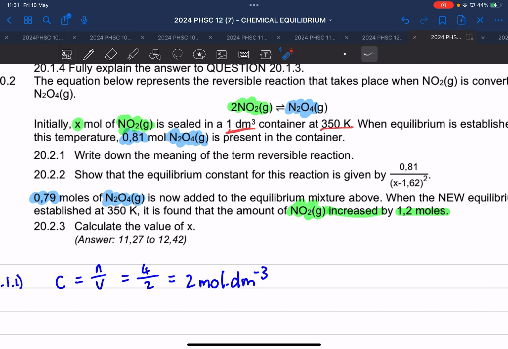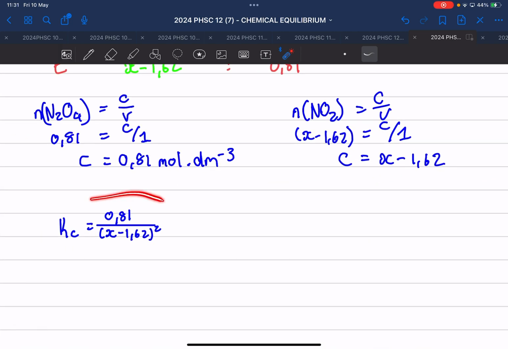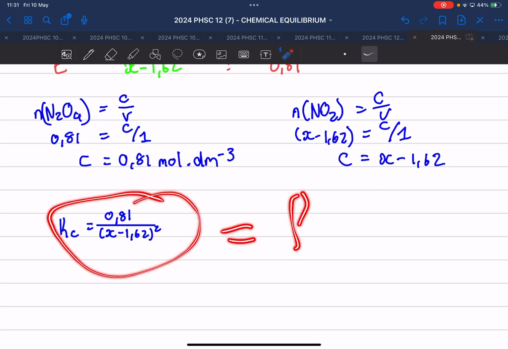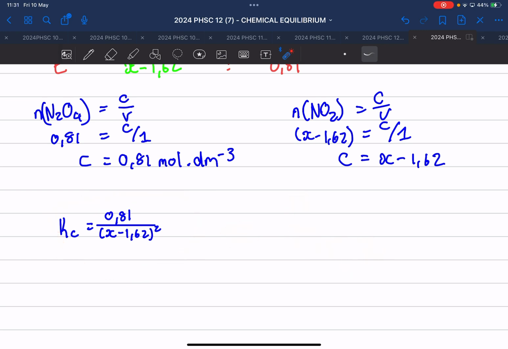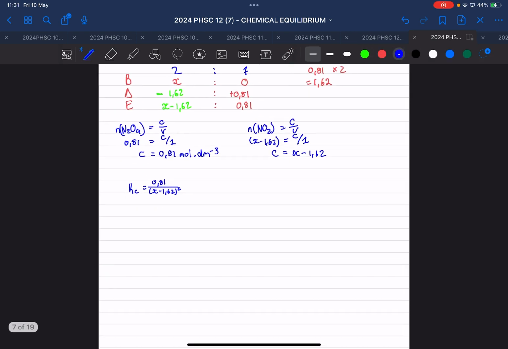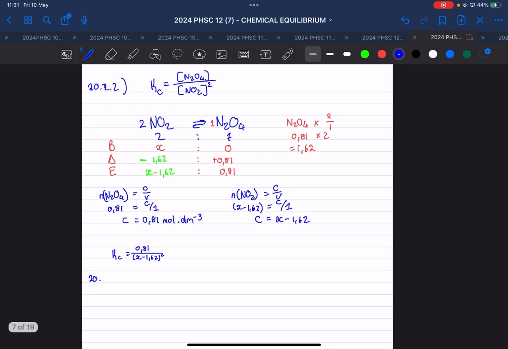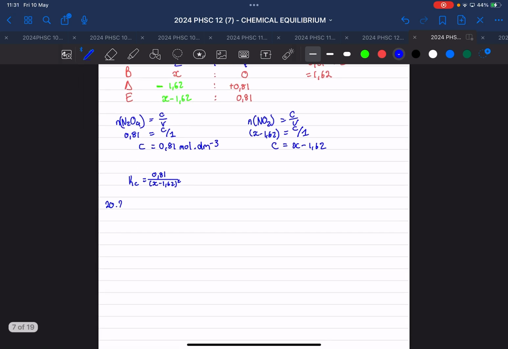So we have a change in concentration, so our Kc value remains constant. This Kc value will be equal to our new Kc value. But how are we going to get our new Kc value? We're going to work out the concentrations of the other molecules. I'm going to do that now.